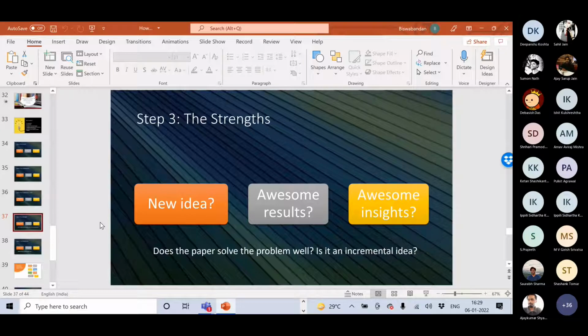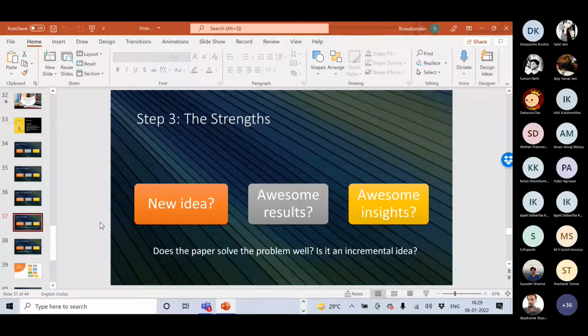Then you should talk about only the positives, even if the paper has technical flaws, even if it has so many issues. In every paper you'll be able to find some ideas, some good things about it. Even if the paper is not worth getting accepted in a top conference, it will still have something, right? So try to find out the positives of a paper.